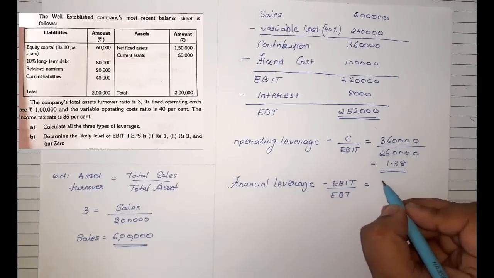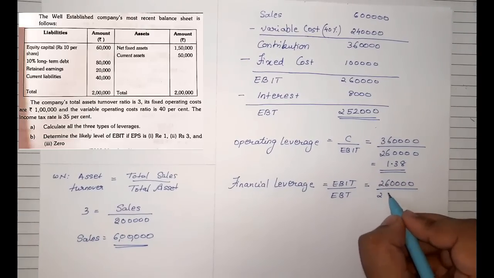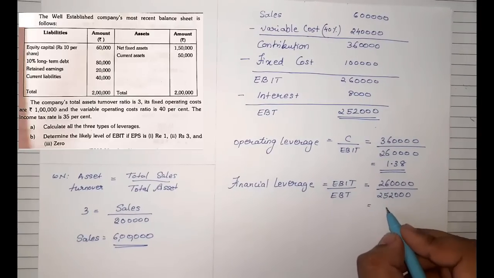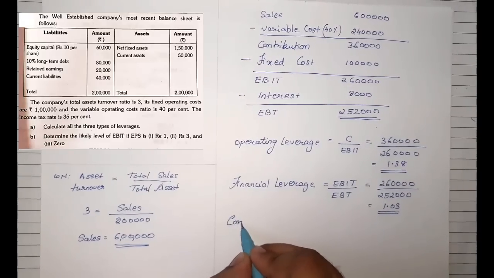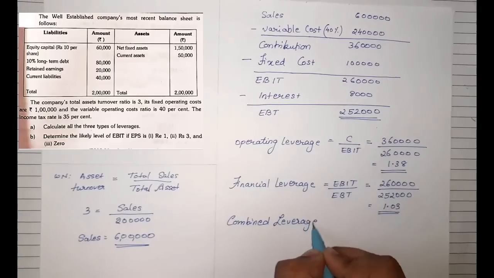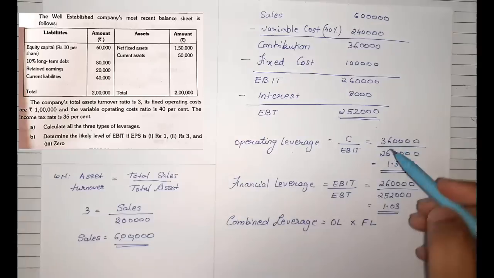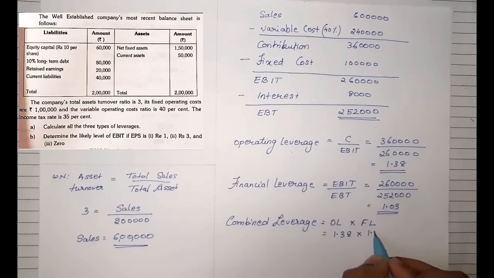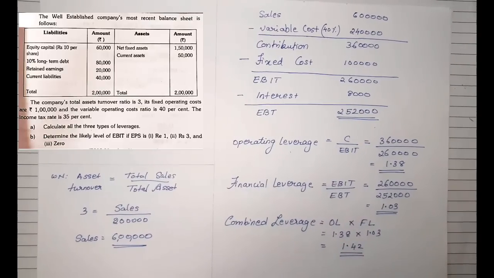In our case, EBIT is 2,60,000 and EBT was 2,52,000. So when you divide, our answer would be 1.03. And lastly, we need to get the combined leverage. Combined leverage is equal to operating leverage multiplied by financial leverage. Once I get the format, you just have to do the substitution. Operating leverage was 1.38, financial leverage is 1.03. You multiply, and we get a final answer of 1.42.